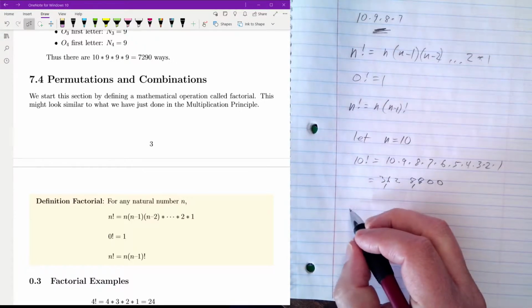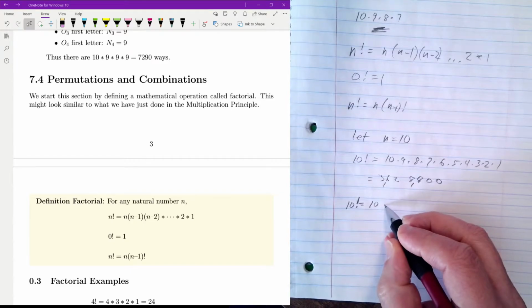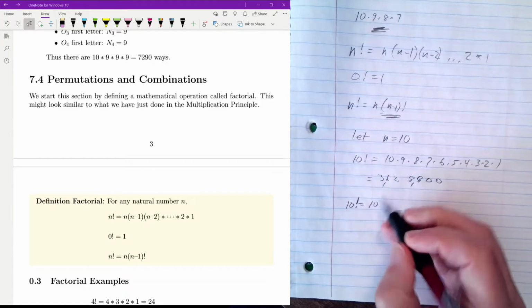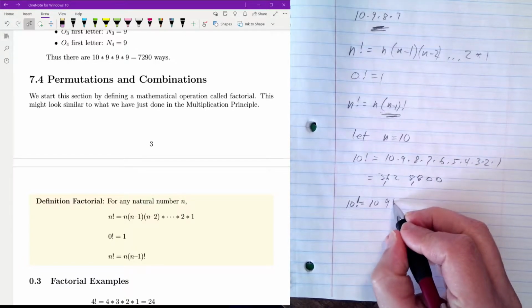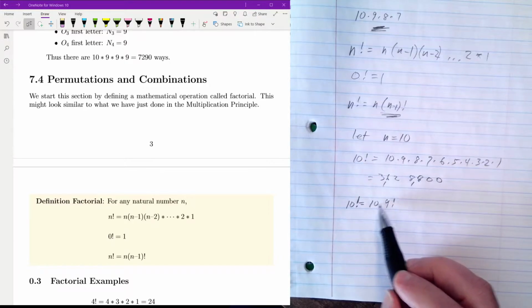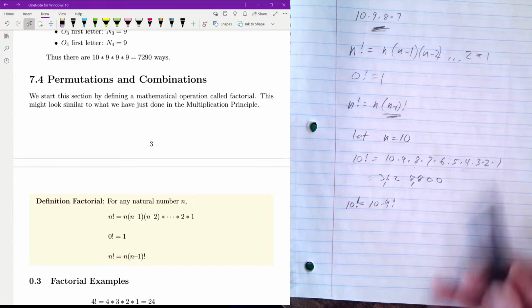It's also equal to 10 times n minus 1, looking at this, which is 9 factorial. Which actually kind of makes sense. We're just doing 10 times 9 times 8 times 7 times 6 times 5 times 4.